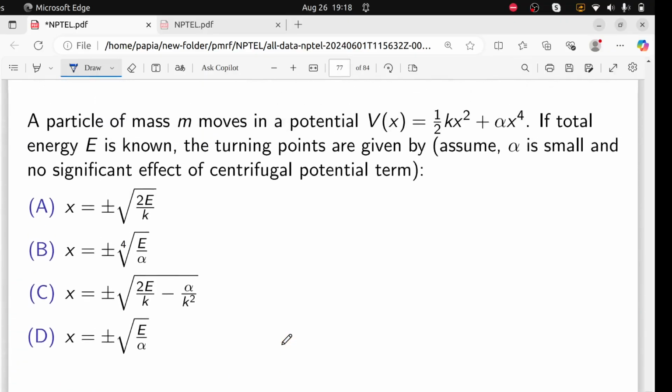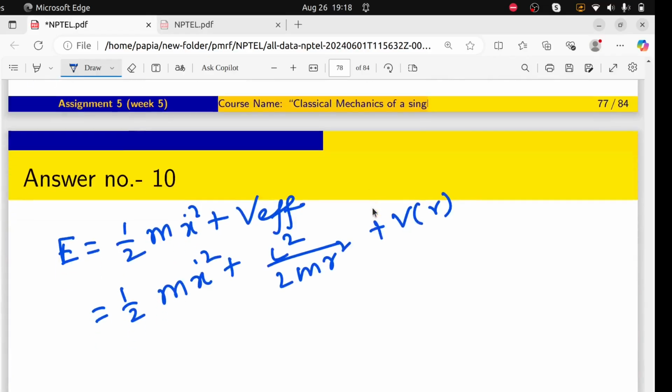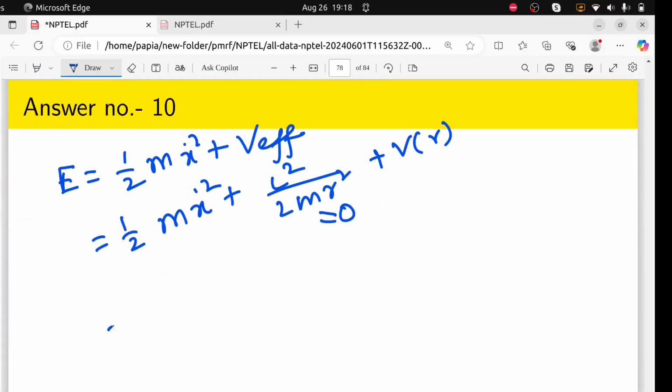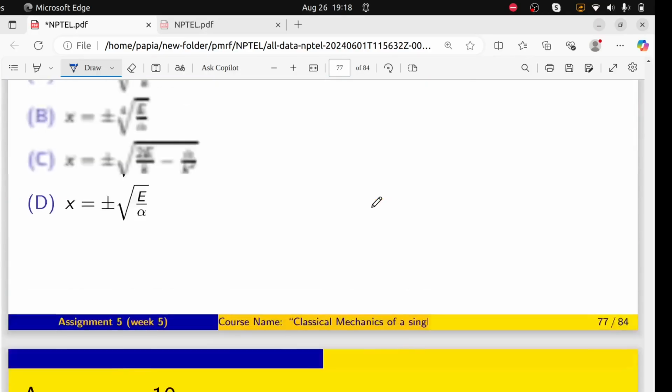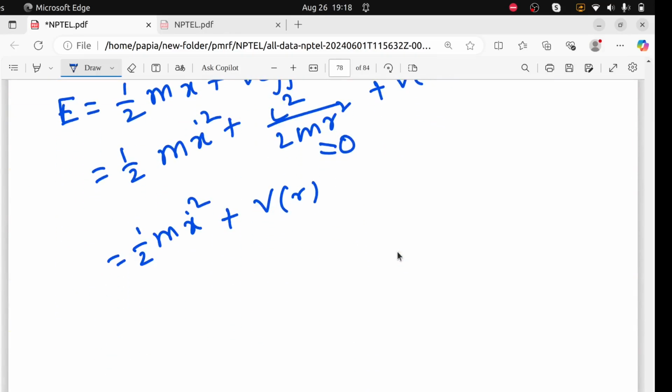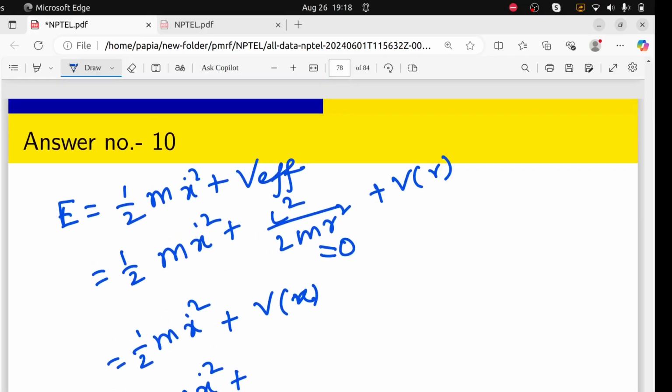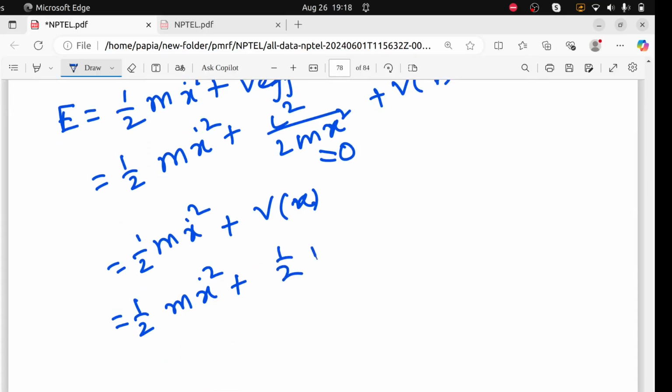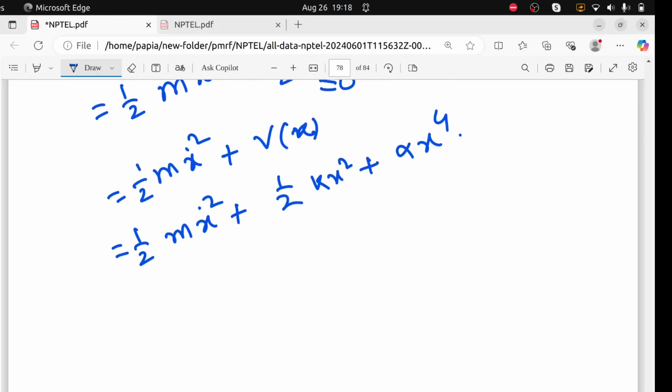But in that assumption, they have taken that no significant effect of centrifugal potential term. That means this is coming as 0. So I can simply write this as this. Now V of r is given in x, so half k x square plus alpha x to the power 4. So half m x dot square plus half k x square plus alpha x to the power 4. So our final E is this.